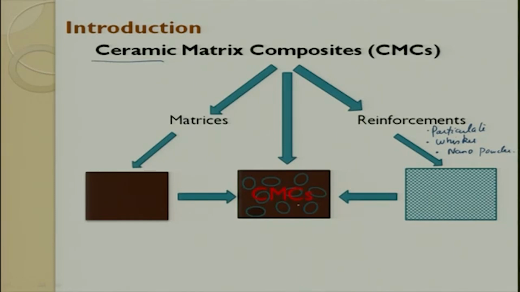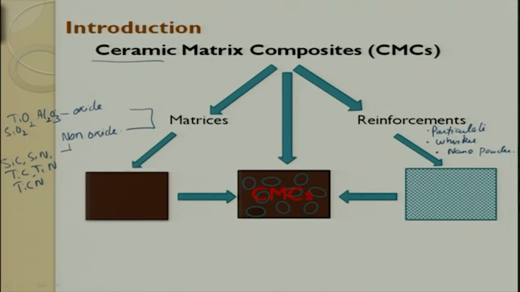Matrix can be of two types, it can be oxide and it can be non-oxide. When I talk about oxide, it is TiO2, Al2O3, SiO2, all these things can be there. When I talk about non-oxides, it can be SiC, SiN, TiC, TiN, TiCN.